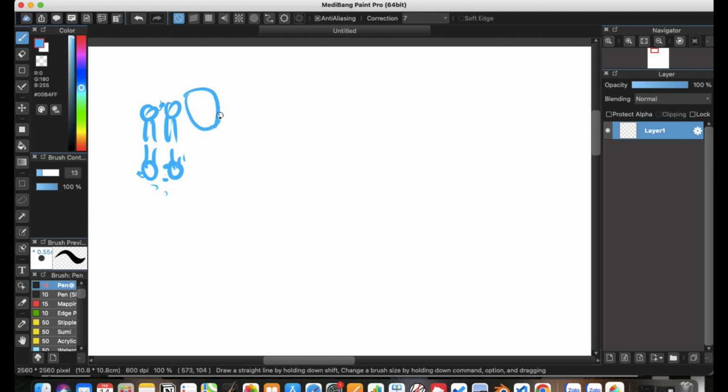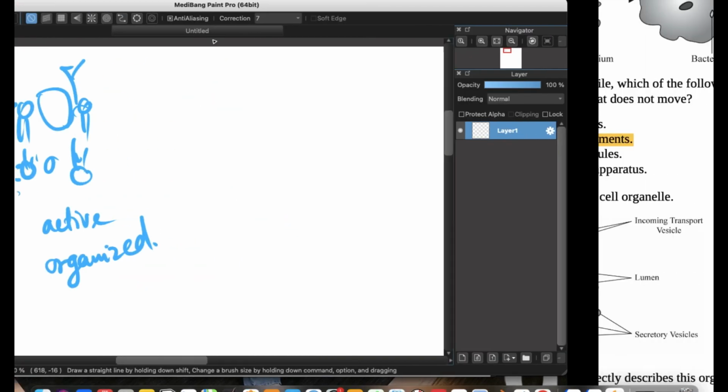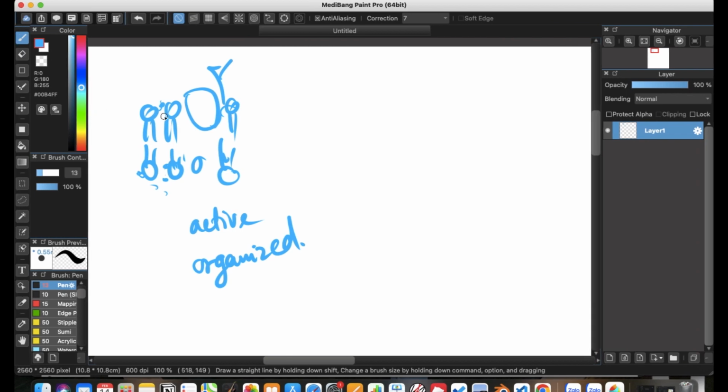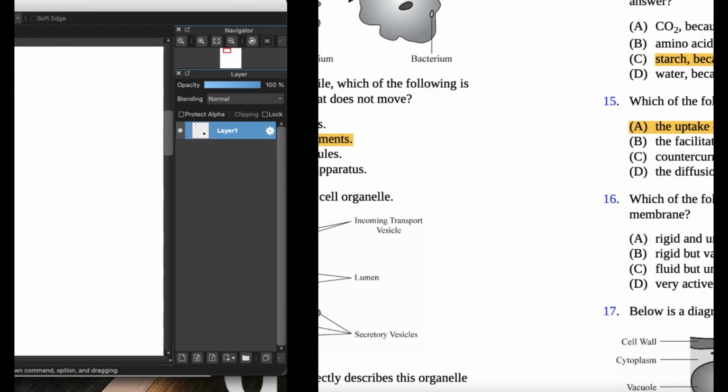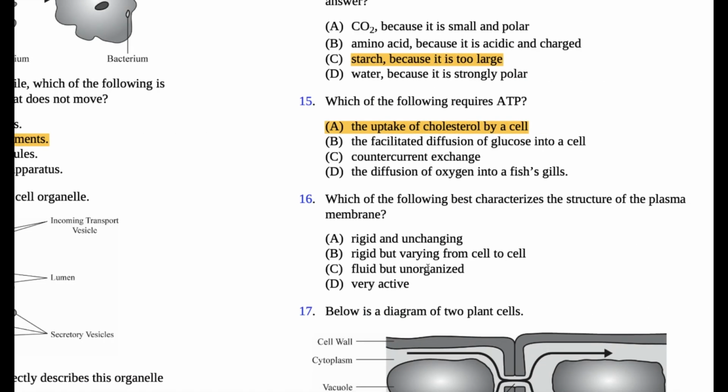And here we have proteins, or maybe some receptors, and still phospholipid. This is actually very active, right, and organized. It's not chaotic at all, right? Everything has its own function in here. So unorganized, no, and it's not actually fluid, right?